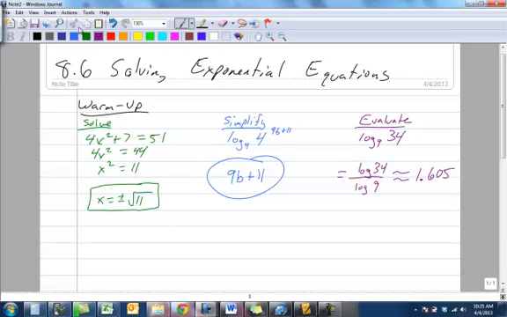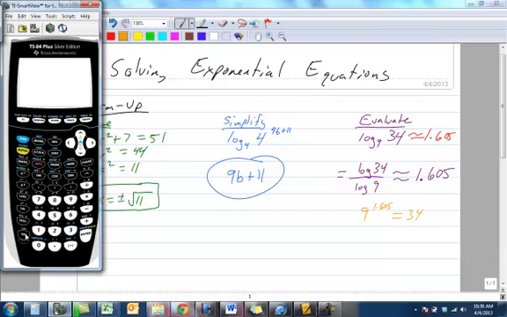Hey, check this out. So we're saying that log base 9 of 34 is approximately 1.605. If we were to write this in exponent form, this would be 9 to the 1.605 is approximately 34. Let's see if that's true.